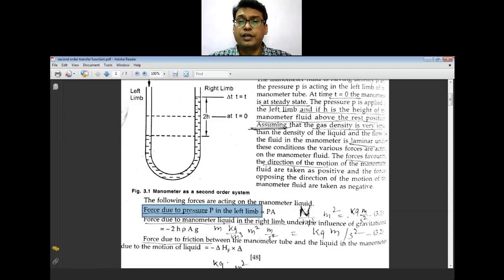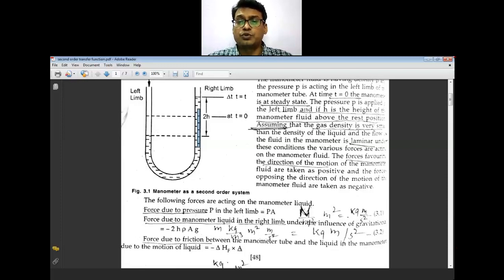The fluid tries to move in the downward direction because of gravity. The pressure exerted because of gravity is H rho G for the liquid height.